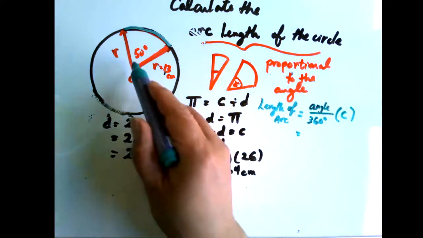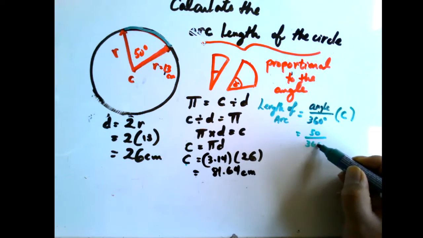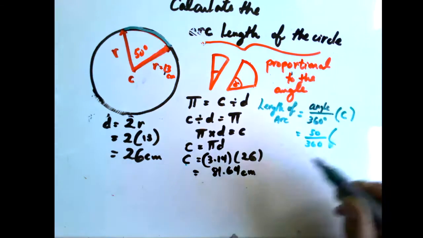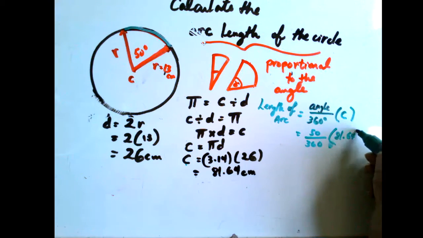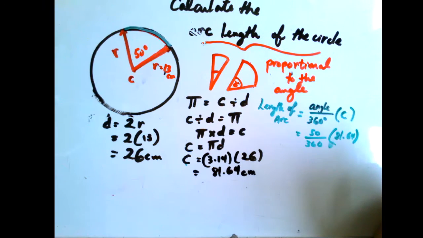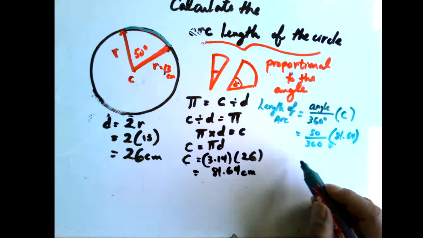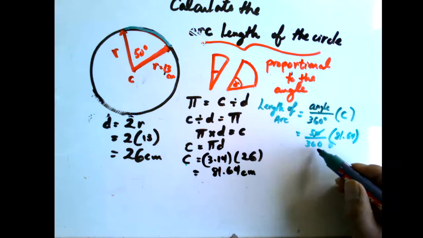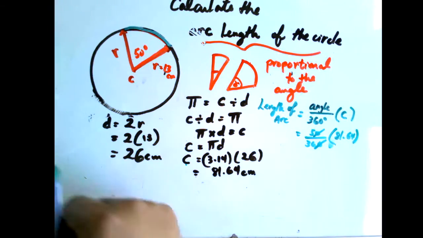So what's the angle? 50 over 360 times the circumference, which is 81.64. Here we just reduce this, dividing both by 10, so it's 5 over 36.